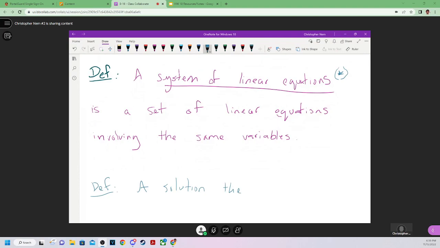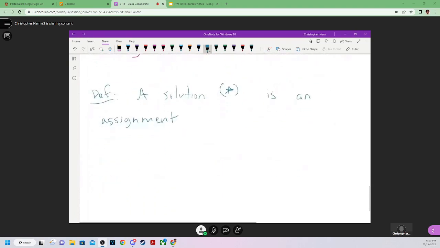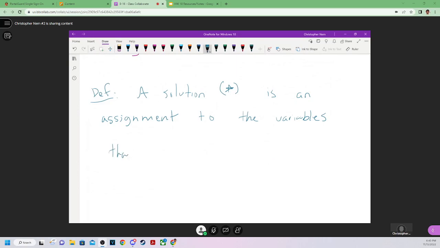The solution to star is an assignment to all the variables that satisfy each equation.